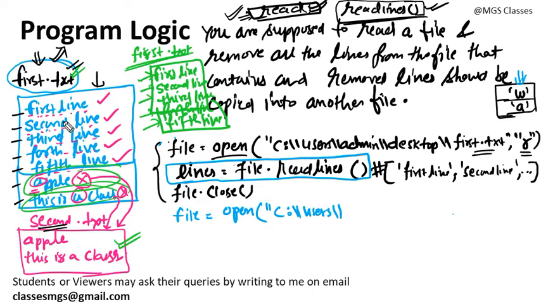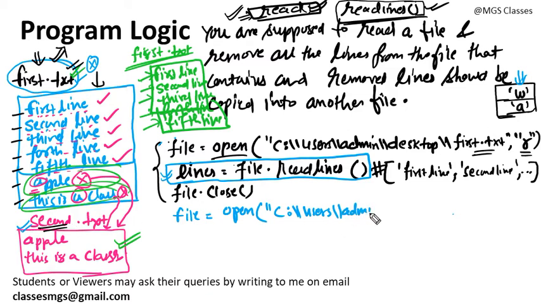It will overwrite the content, because opening the file in write mode overwrites it. Any line that contains the A character, I won't write in first.txt; instead I will write it into second.txt. So this is the logic.